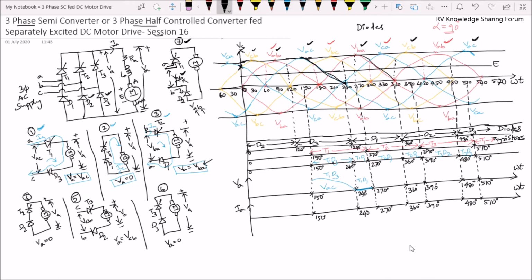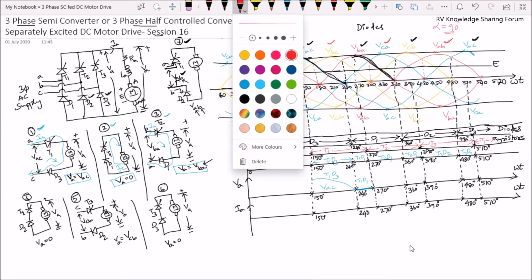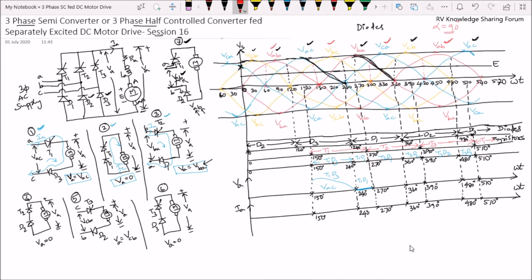Let us draw this separately in our output in red color. This is the shape which we have obtained from the input. This is nothing but the output voltage VBA, where the thyristor T2 and the diode D1 are conducting.